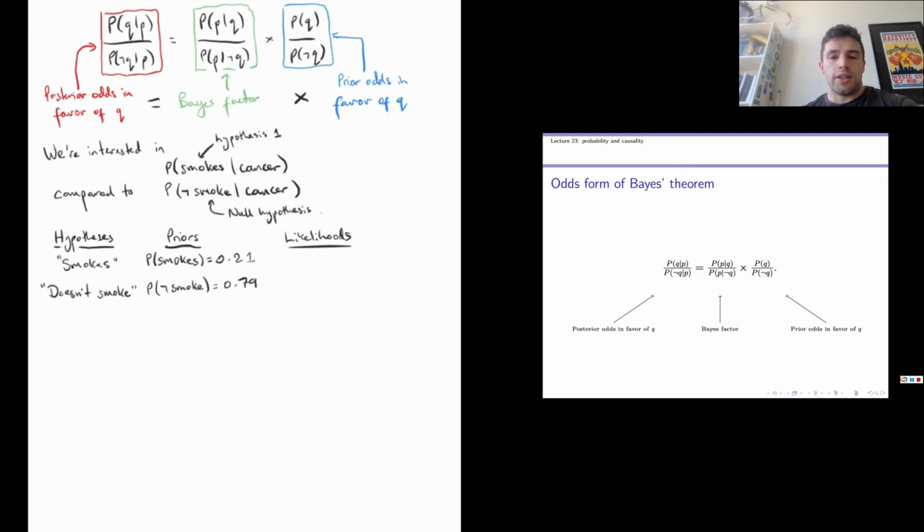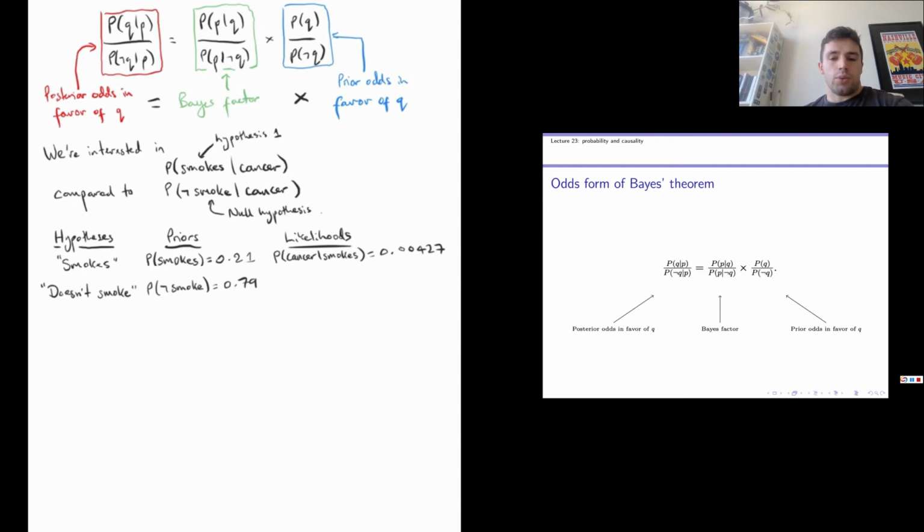Now let's look at the likelihoods. The first one we're interested in is the likelihood that one develops lung cancer given hypothesis 1. So the likelihood that one develops lung cancer given that one smokes. And according to the same statistics, the probability that one develops lung cancer given that they smoke is around 0.00427.